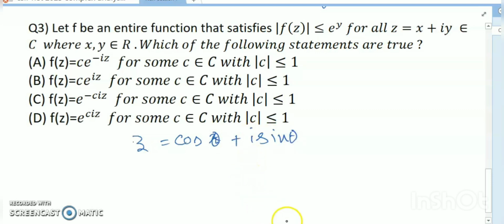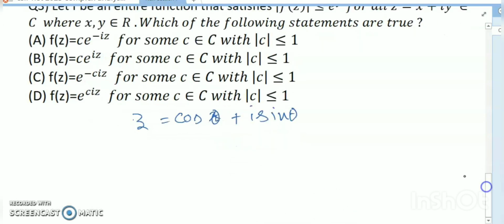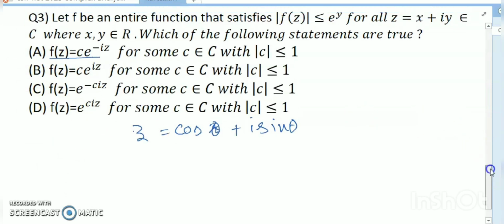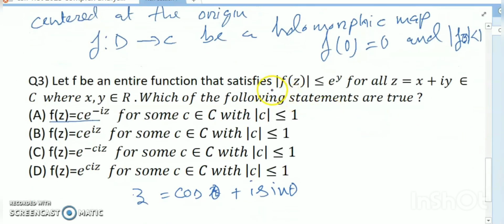Then fz is equal to c into e to the power iz. I have to prove whether this equation holds or not.